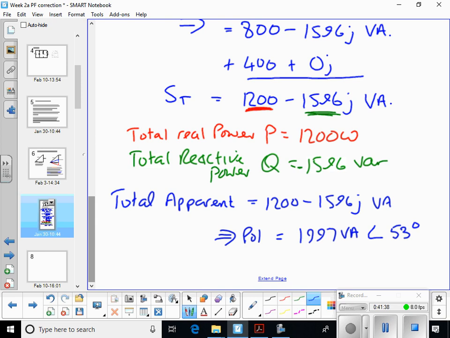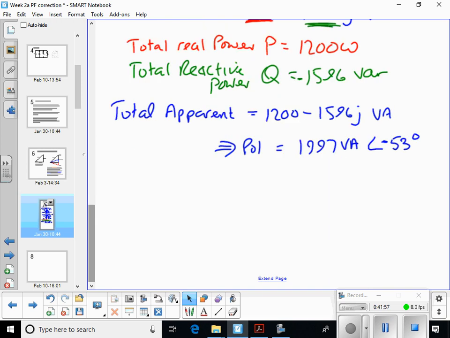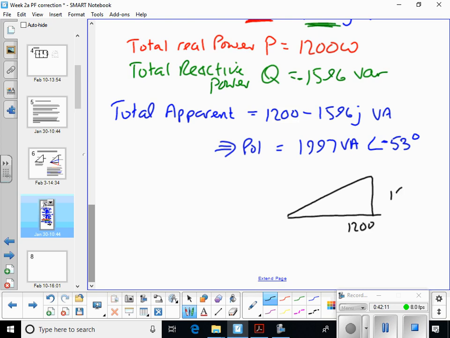Well, it will be. So we've got, look at this triangle now. 1200, 1596, 1997. Yeah.